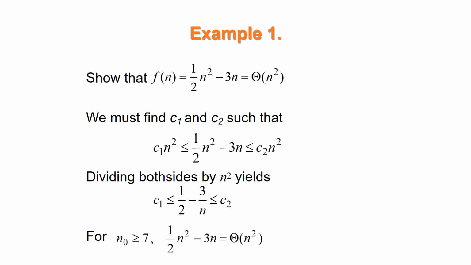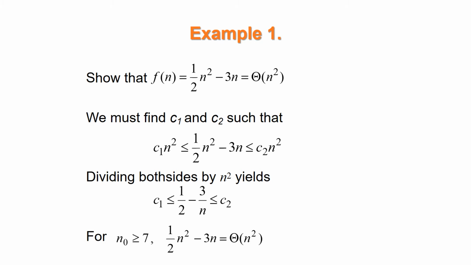Example number 1: show that f of n equals half n squared minus 3n equals theta of n squared. We must find c1 and c2 such that c1 n squared is less than or equal to half n squared minus 3n, which is less than or equal to c2 n squared.